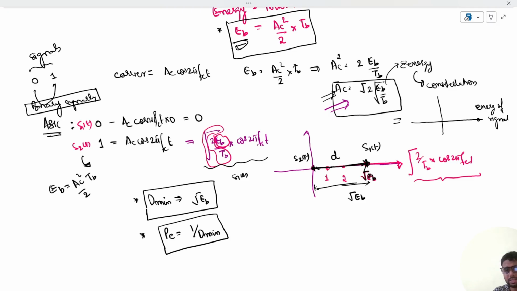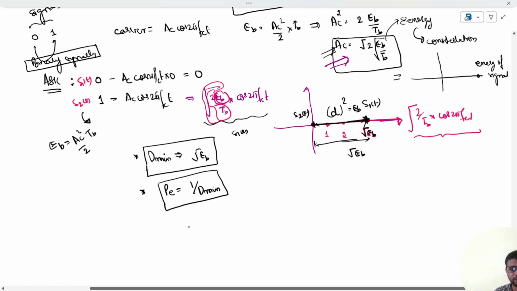If this distance is d, then distance square is nothing but Eb.